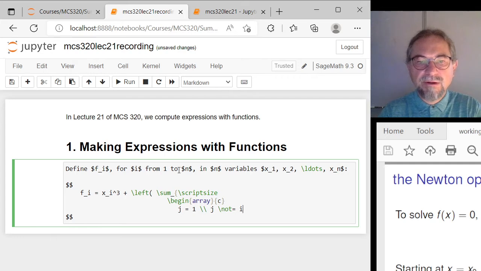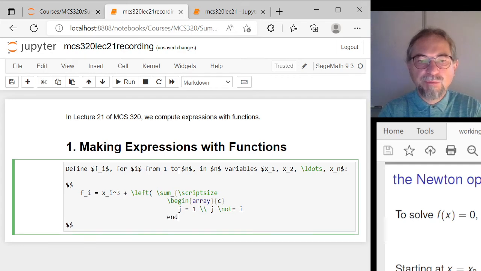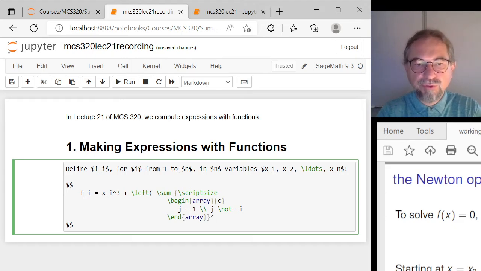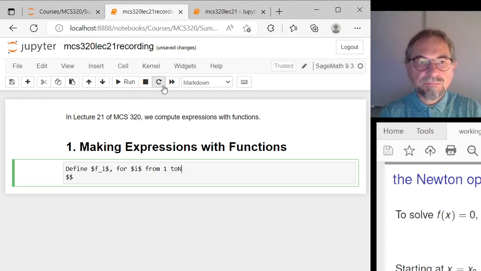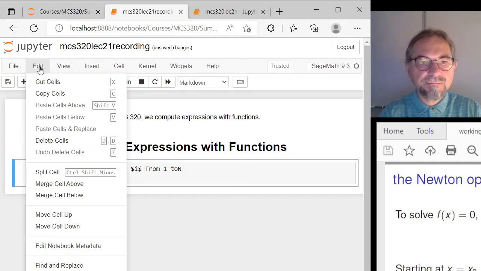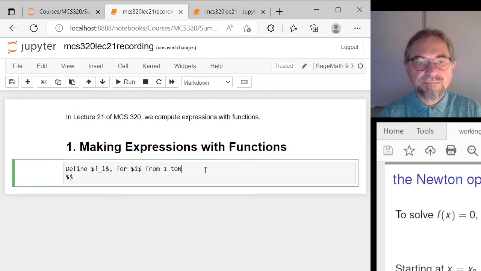In the meantime, I hope you will also learn some LaTeX. We have the subscript of the sum, then the superscript. Oops, that was unfortunate. I did something really wrong.